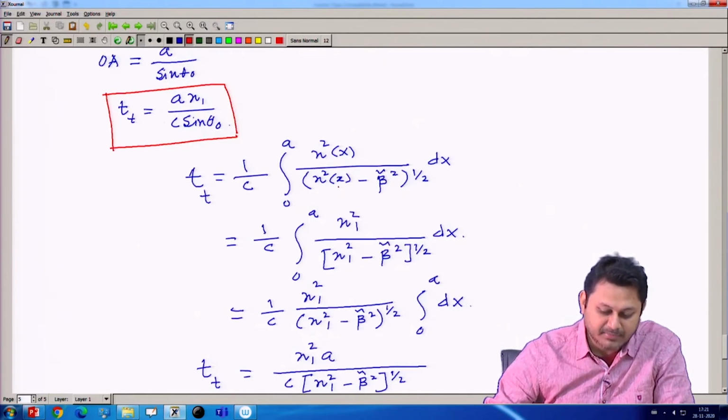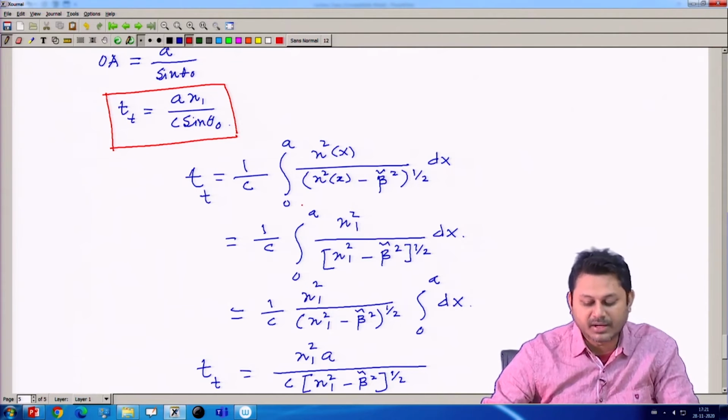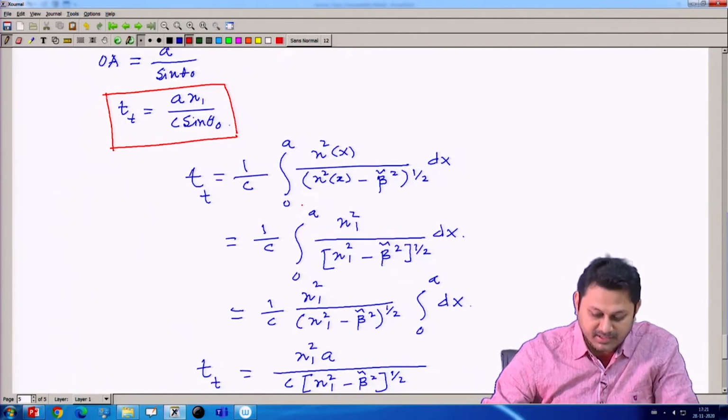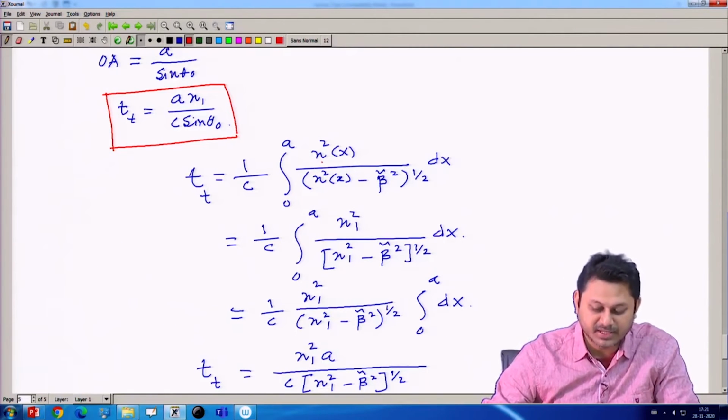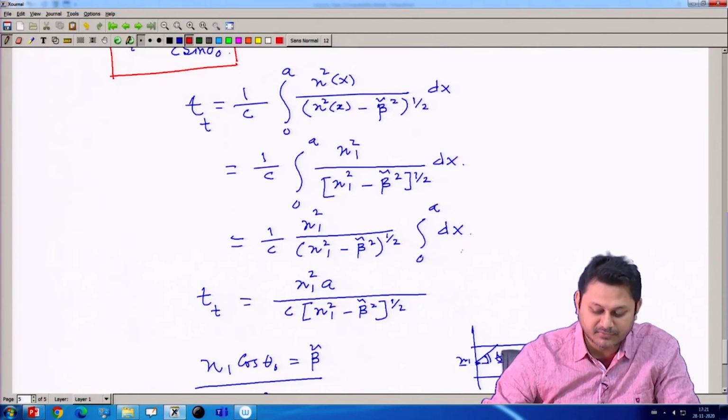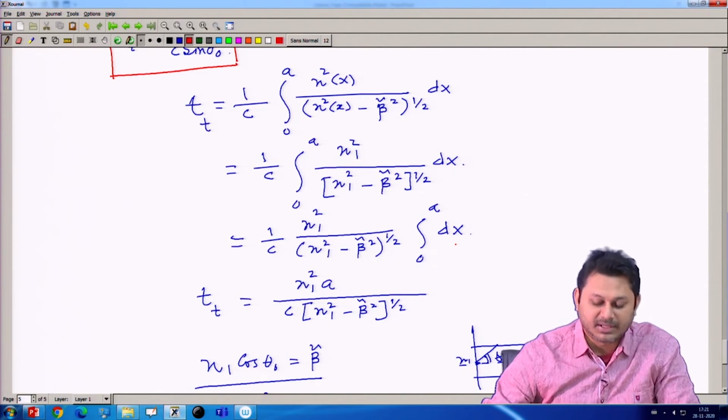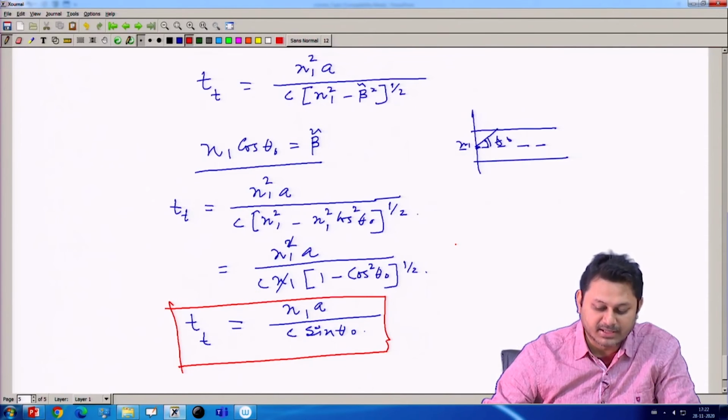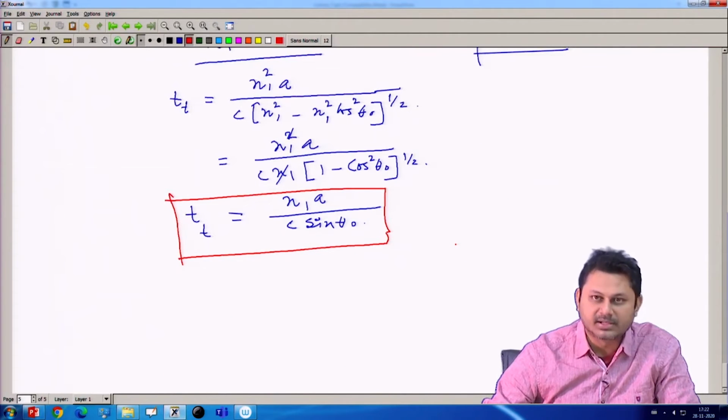The important thing you should know is that when we have a parabolic index profile, this integration will not be that easy. For step index profile, this integration looks very easy because n is not a function of x. So we can take this outside and the integration becomes very simple, integration 0 to a dx. But it will not be true for gradient index or any given profile, and then you need to calculate the integration.